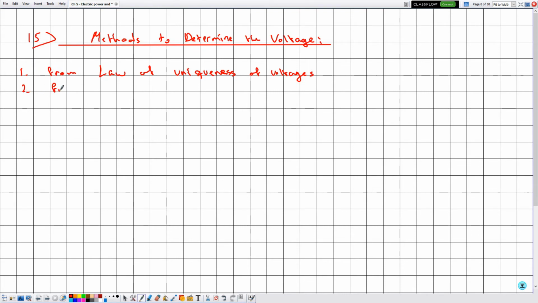Now the second method is from law of addition of voltages. Now the third one is from reading of a multimeter, which is in this case being used as a voltmeter, or an oscilloscope.